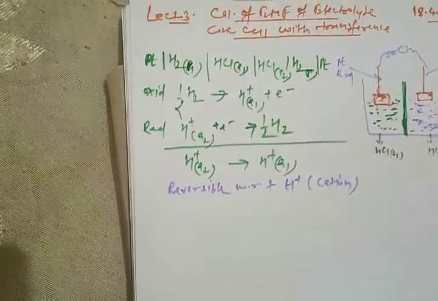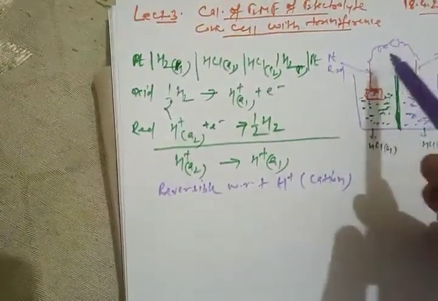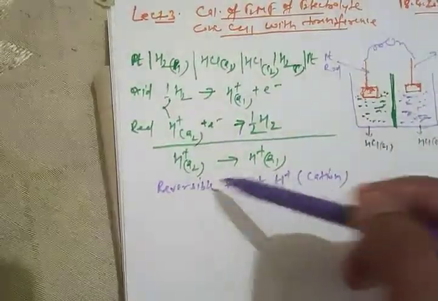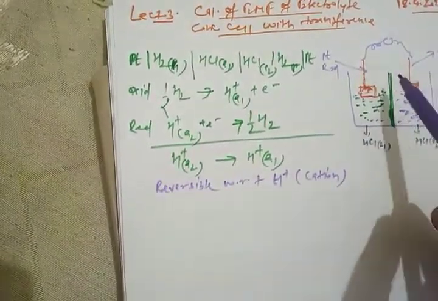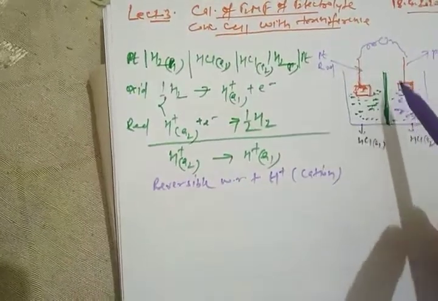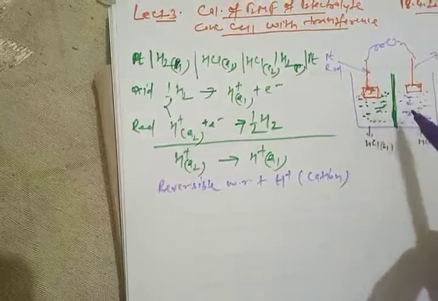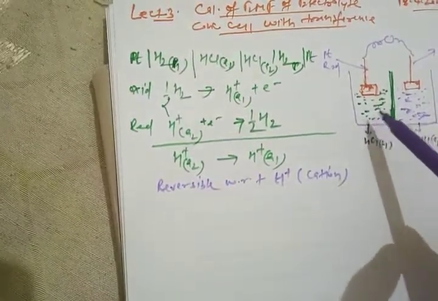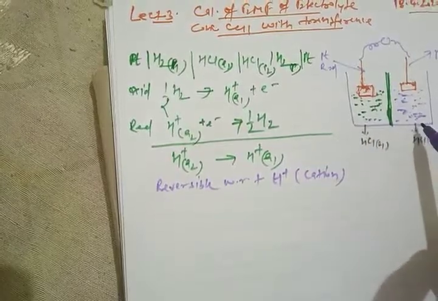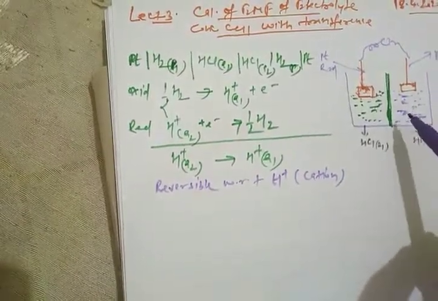Additionally, this is the electronic transition we are talking about. A2 to A1, but at the same time, as it is a semi-permeable membrane, the electrolyte is also transferring. That means the HCl, the H ion from here or Cl ion from here. So this transportation also takes place.